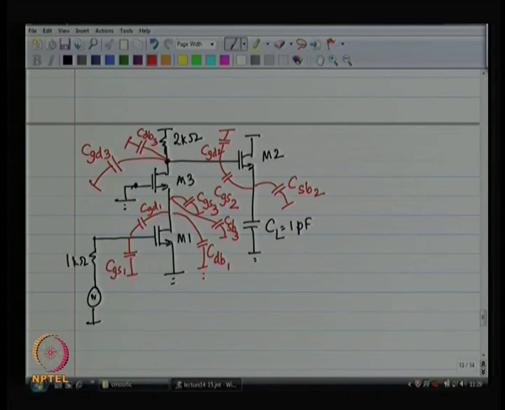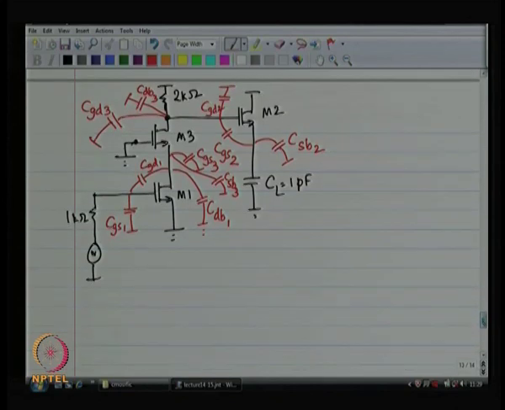All right. So, these are all the capacitors and of course, CL. These are all the time constants that we have to compute.